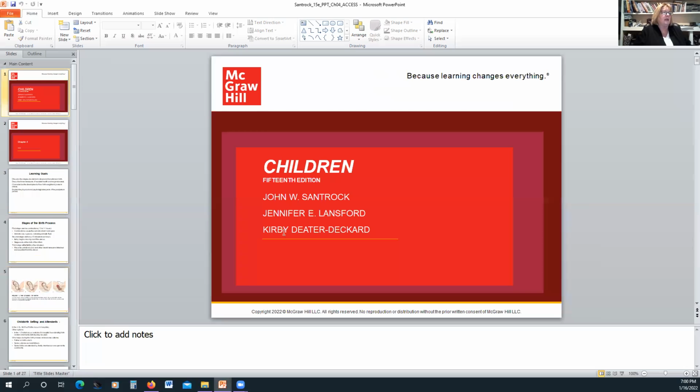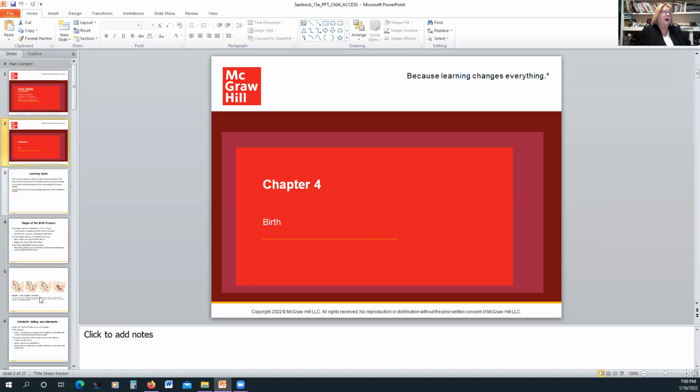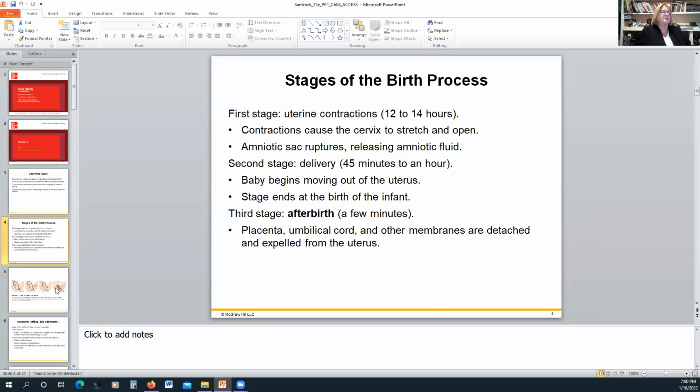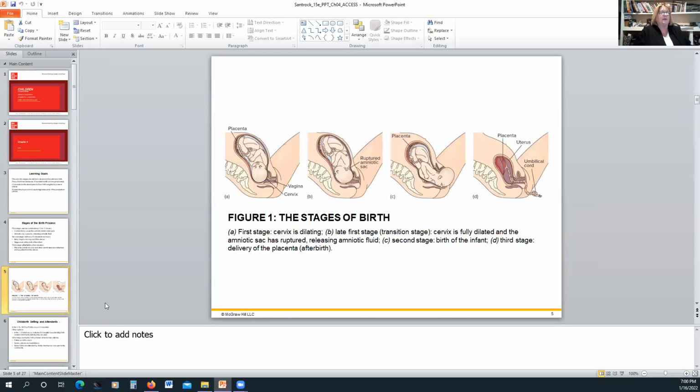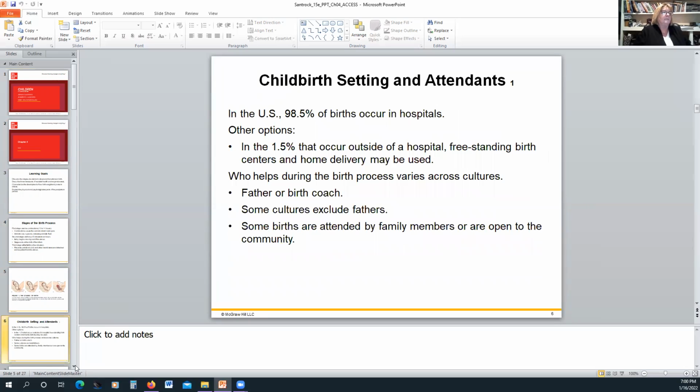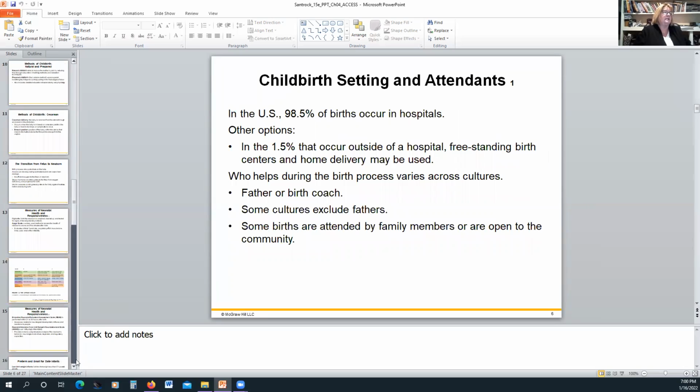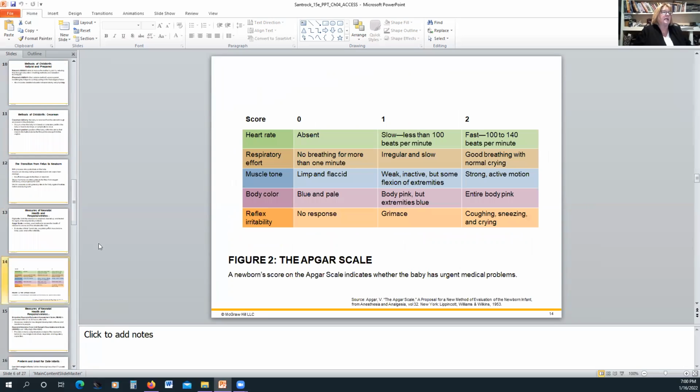And then your last chapter, chapter 4, is the birth chapter. Just talking about the stages of birth, that there are 3 stages, how that all happens. Again, looking at childbirth settings, looking at the APGAR scale, at 1 minute and 5 minutes of life and 10 minutes if needed.